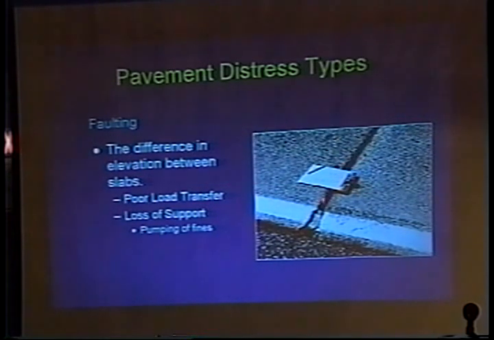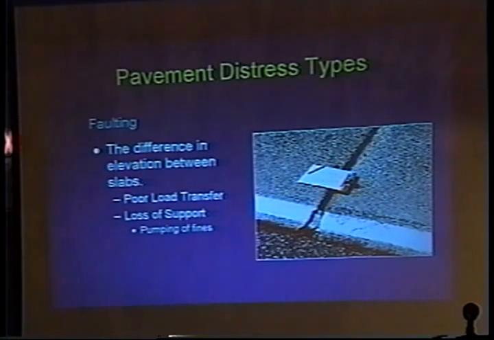Faulting, just the difference from one slab to the other. As you go across, the faulting actually develops because of the loads going over, the high truck loading primarily. It approaches a slab and it deflects the slab and starts pumping the fines out of the material down below, whatever's supporting it.